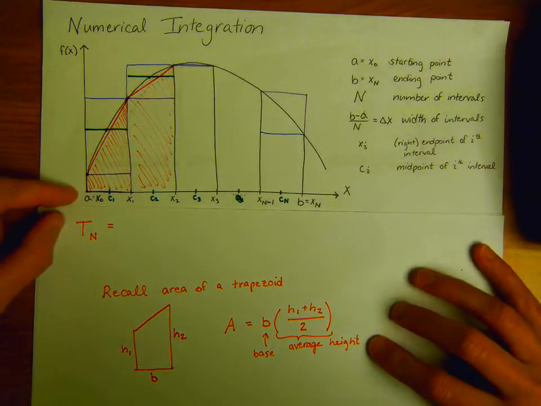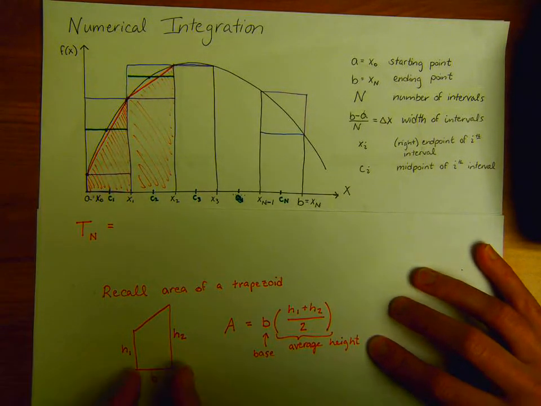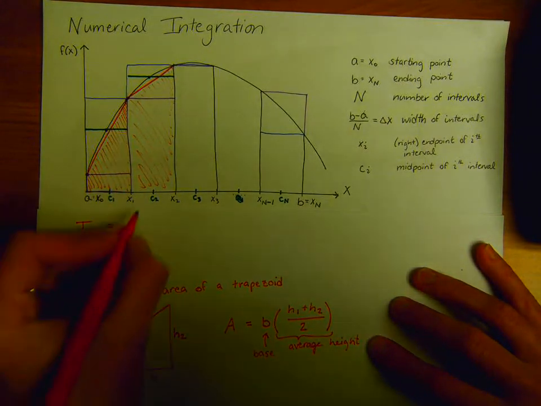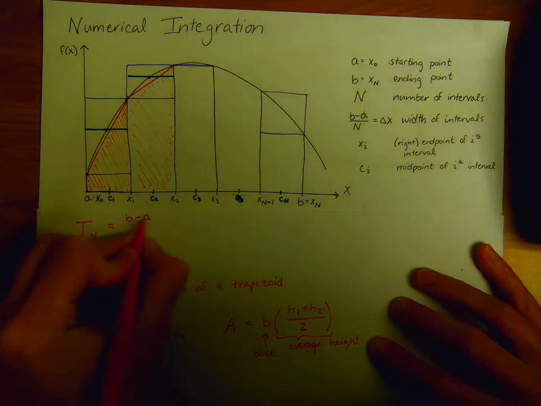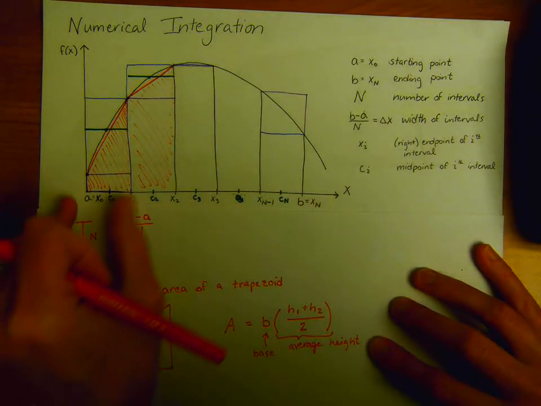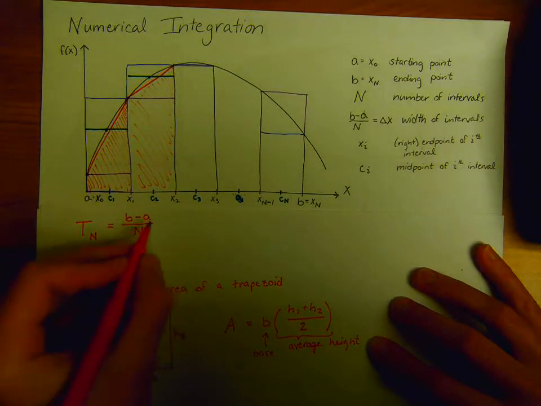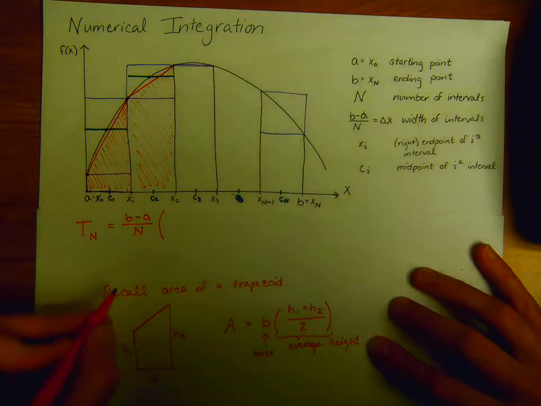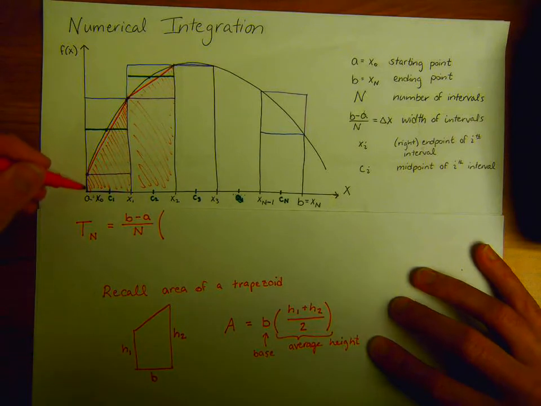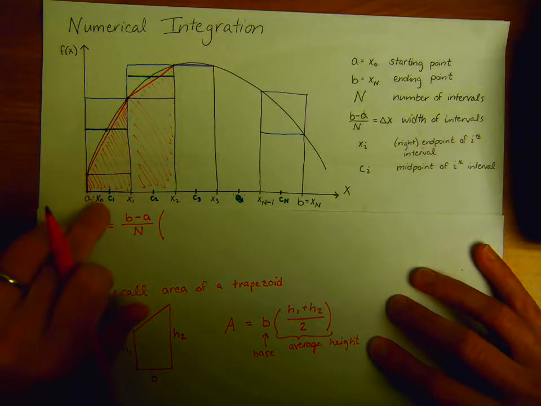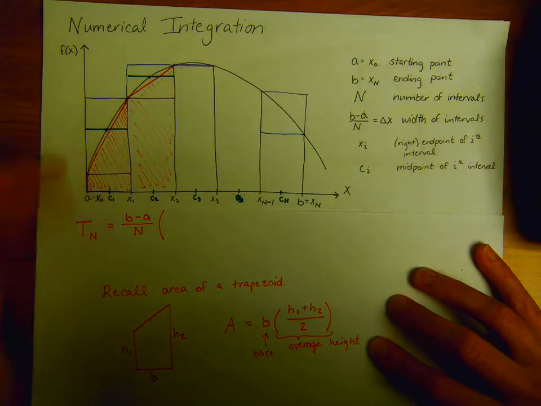So what does that mean in terms of our approximations here? The base width is exactly the same width that we were dealing with before, b minus a divided by n, the total length divided by the number of intervals. So this is the base, and now I need to multiply it by the average height. Well, what is the average height? The height of this side is the height that I get when I plug x1 into my function.